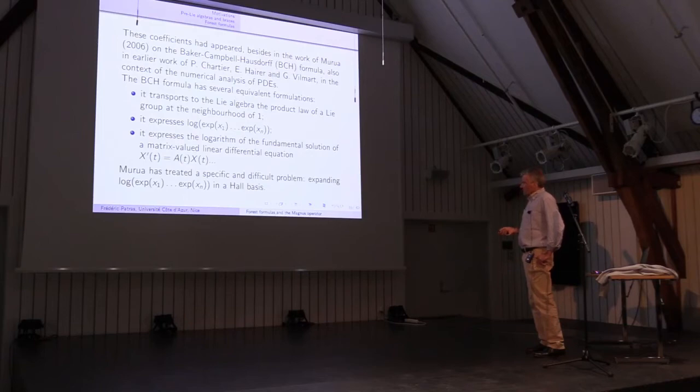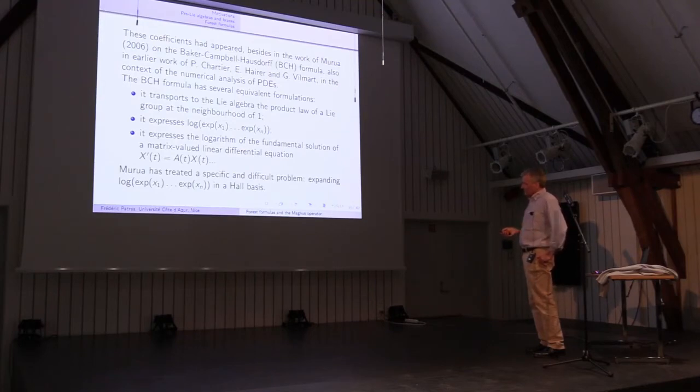Murua was interested in the Baker-Campbell-Hausdorff problem, facing a difficult problem, namely when you compute the logarithm of a product of exponentials, you know that it's going to live in the free Lie algebra over the variables x1 to xn. There are several ways to obtain an expression for this term.